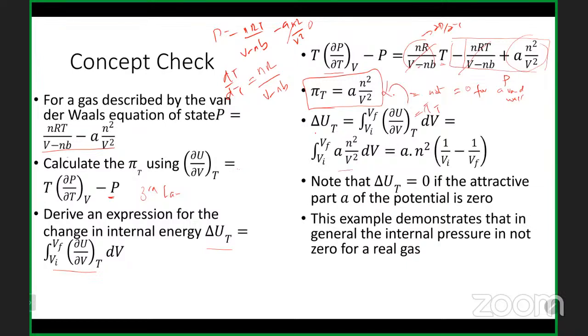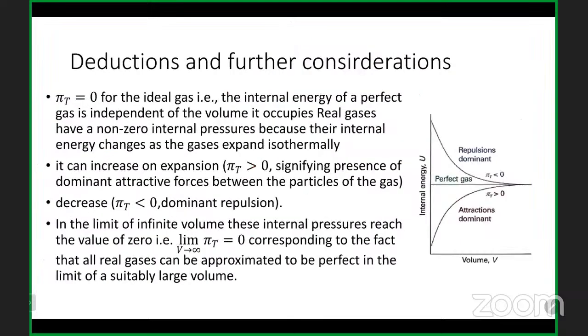So if you plug it into the equation, we integrate 1 over V squared dV. The integral of 1 over x squared is minus 1 over x plus a constant. From Vi to Vf, we have 1 over Vi minus 1 over Vf. So we see that the change in internal energy of a real gas is not equal to 0. The conclusion from this is that another definition of an ideal gas is one with zero internal pressure.